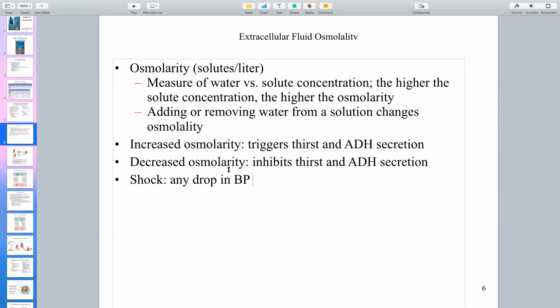Any drop in blood pressure greater than 20% of your normal BP. Some books say 30, 35, but just understand that it's from 25 to 35%. So anything that will decrease your blood pressure a lot is considered shock.